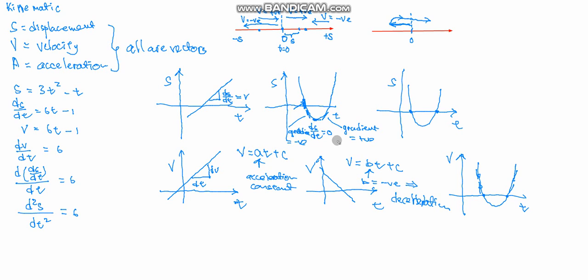This is the turning point. So if you look at v versus t, at this point the velocity is 0. So these are the turning points, when the velocity becomes 0.